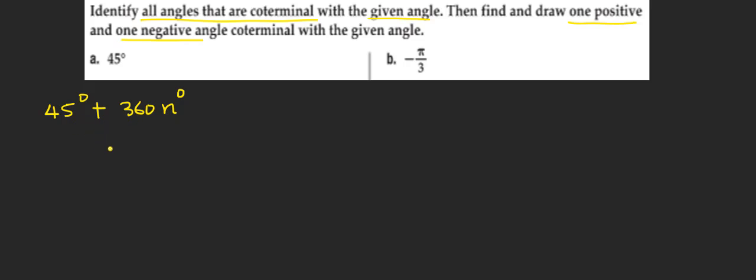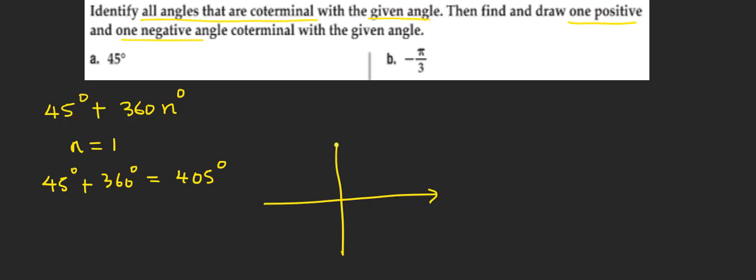Now, what is one positive coterminal angle? Well, when n equals 1, it's going to be 45 plus 360, which is going to be 405 degrees. And how do you draw 405 degrees?